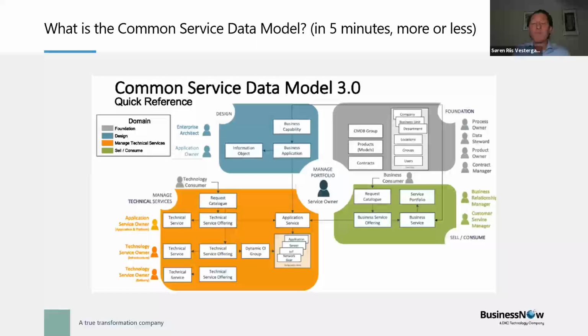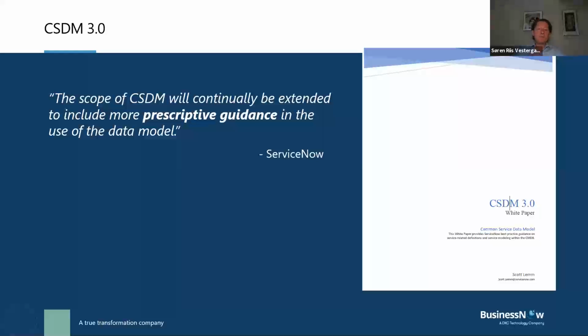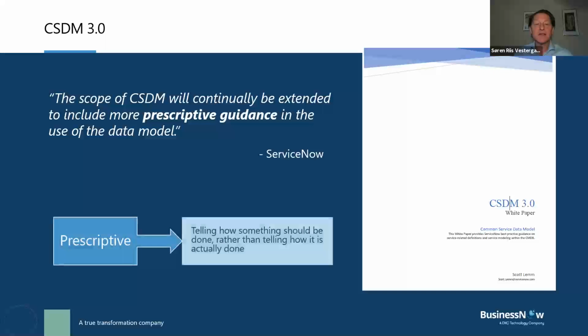Okay, so the big new thing here in 3.0 is the foundation. And one more quote from the CSDM white paper, the scope of the model will continually be extended and include more prescriptive guidance in the use of the data model. So what does that mean? Prescriptive means telling how something should be done, rather than how it is actually done.